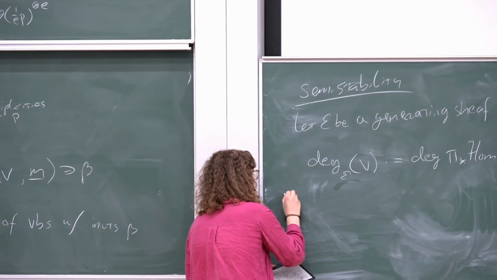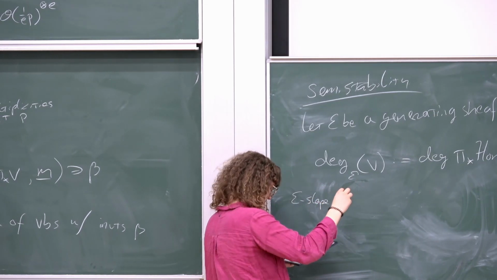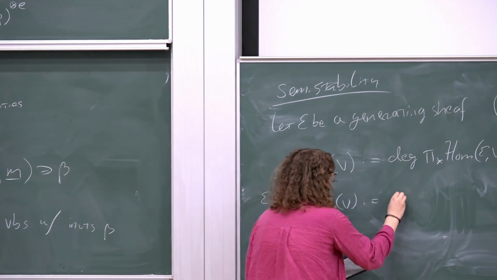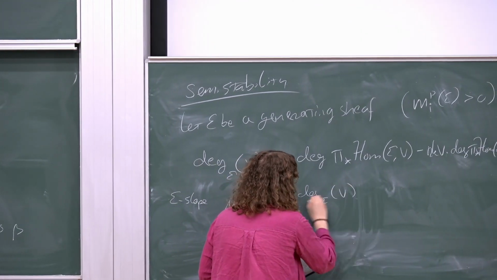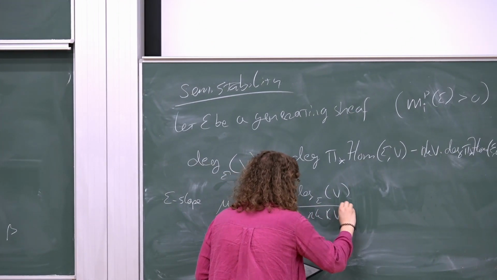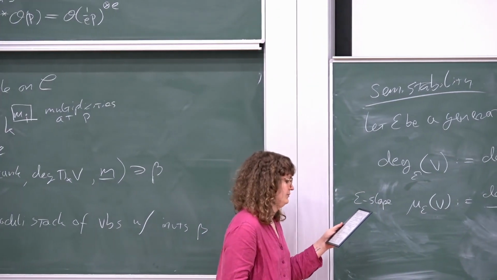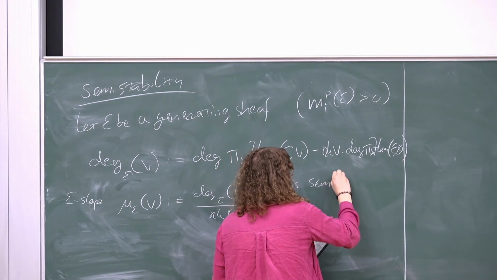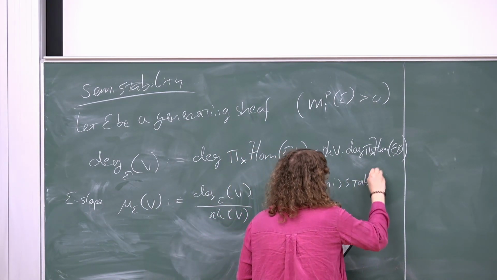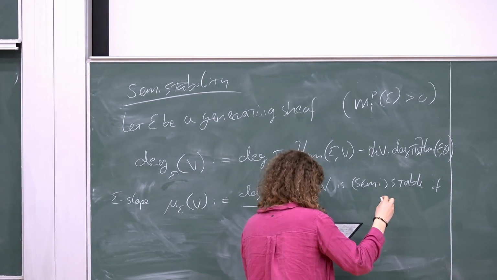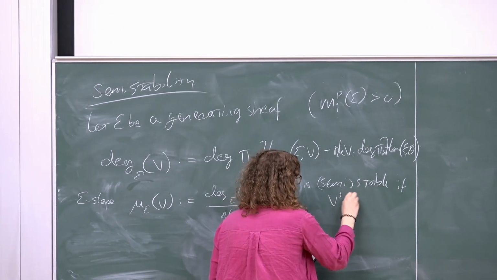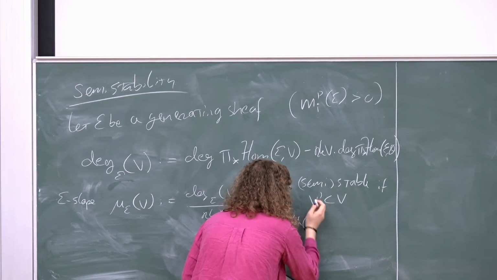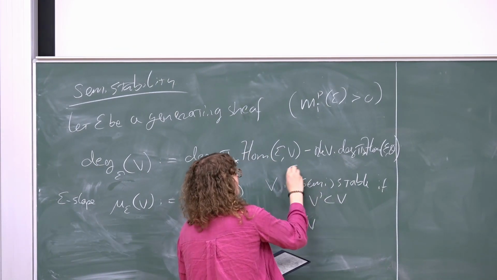So then this defines an E slope by simply saying that the E slope of V is the E degree of V divided by the rank of V. And then, as always, we say that V is semi-stable if whenever we have some sub-sheaf, the slopes are smaller. So this is E semi-stable.